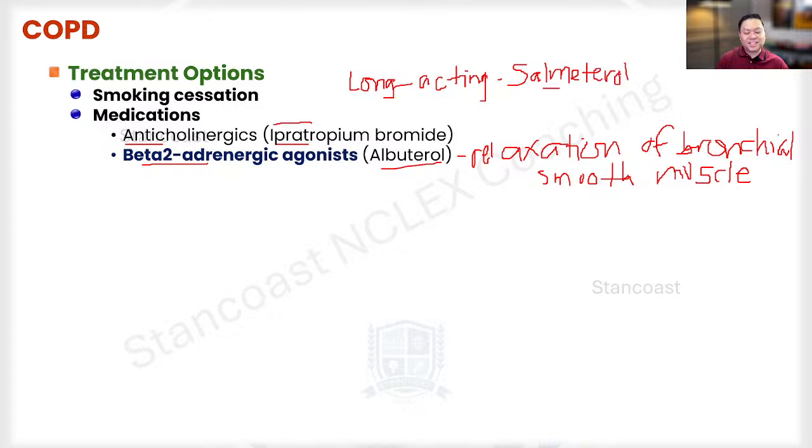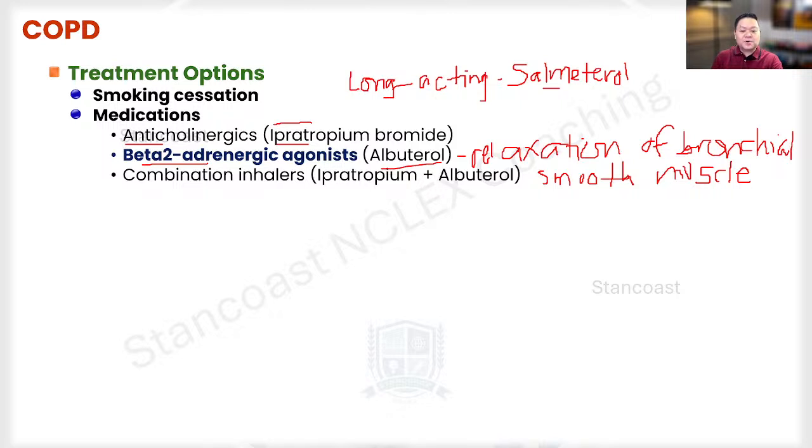That's the long acting. It simply means that it doesn't work instantaneously. It will take a while for this medication to take effect. All right. Now, the patient will also be using what we call the combined inhalers. So it contains both the ipratropium and the albuterol. And this can really enhance the bronchodilation and it will really improve the patient's compliance to using the treatment. Okay, so that is what we call the combined inhalers.